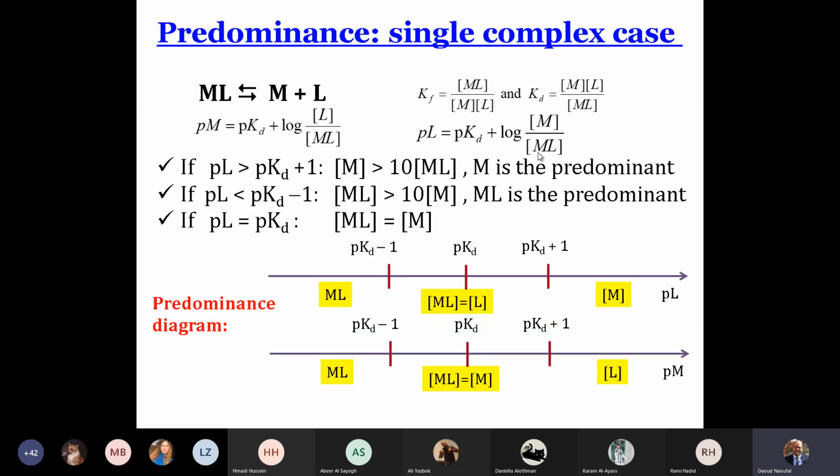So, if M is greater than 10 times ML, M is predominant over ML. In this case, M over ML is greater than 10. So log 10 equals 1. So pL is greater than pKd plus 1. So if pL is greater than pKd plus 1, the M predominates.